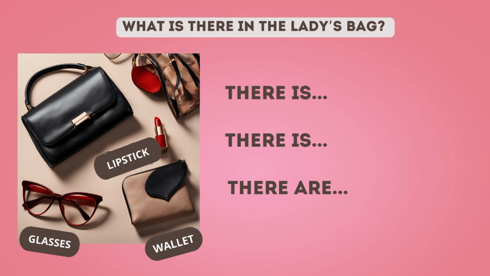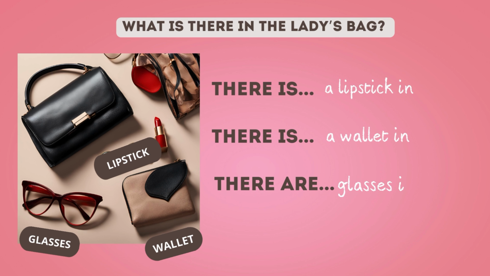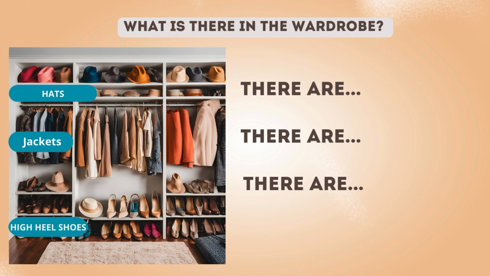Now let's make the task a little bit more difficult. Look at the picture and say what is there in the lady's bag. Next one. What is there in the wardrobe?